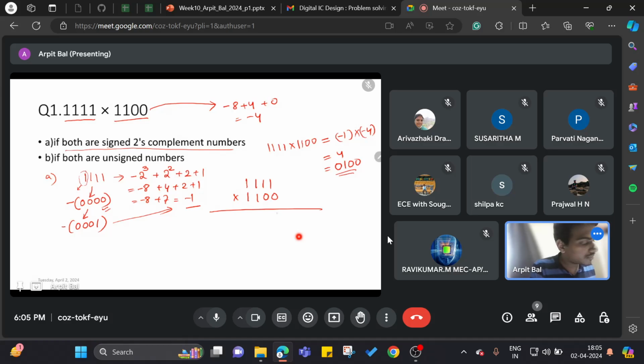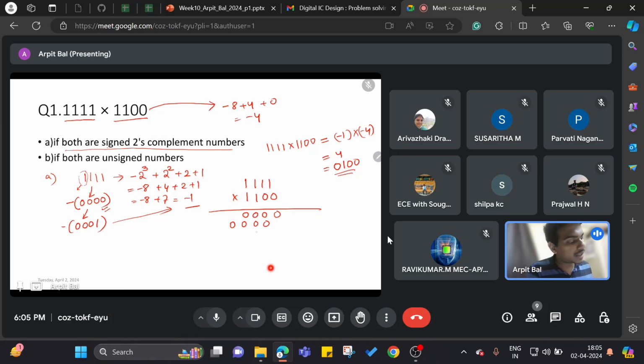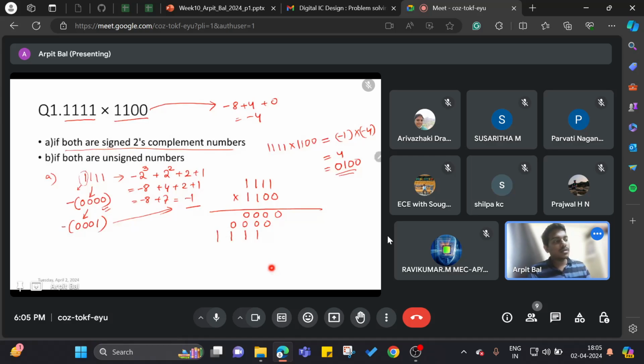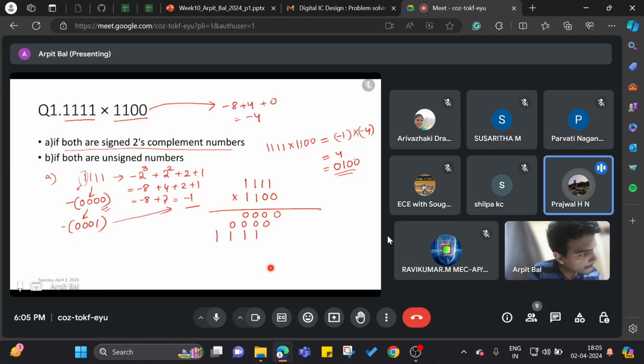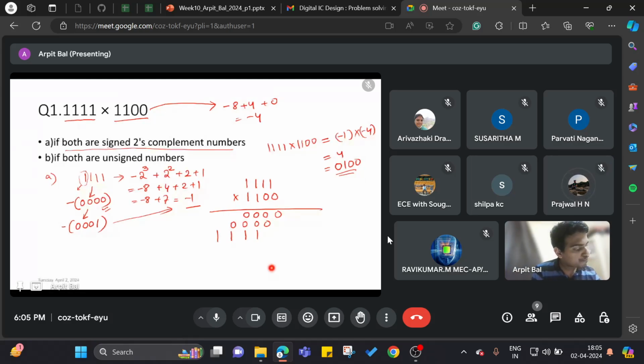So the first partial product will be all zeros, second partial product will be all zeros, third partial product will be 1, 1, 1 and 1. What will be the fourth partial product? Still 1, 1, 1, 1? Think again.